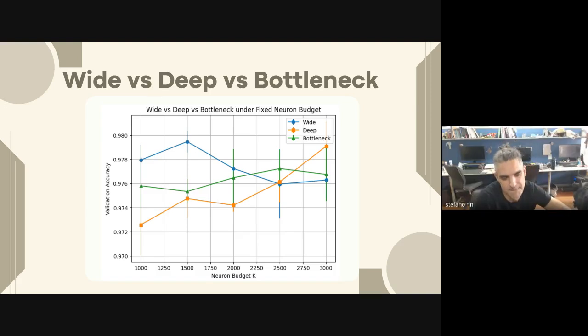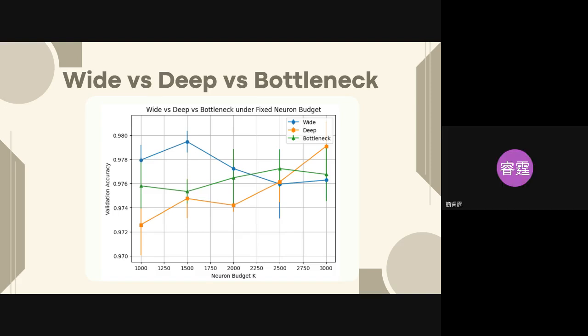Go ahead. And the bottleneck model is between wide and deep, right? And it has both wide layers and narrow layers. So it keeps like strong representation ability while also forcing the information compression. And in this graph, bottleneck is not always the top one, but it's very steady and competitive.